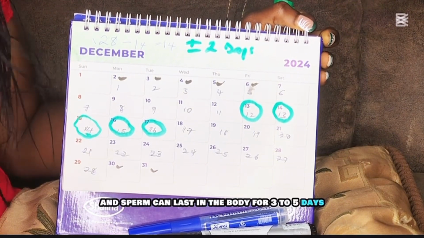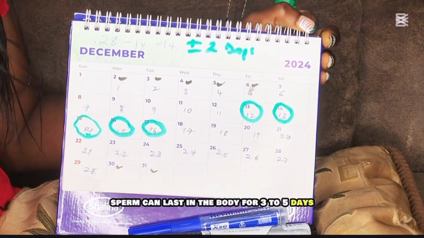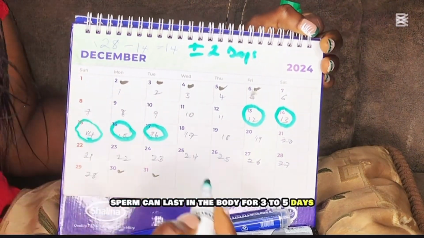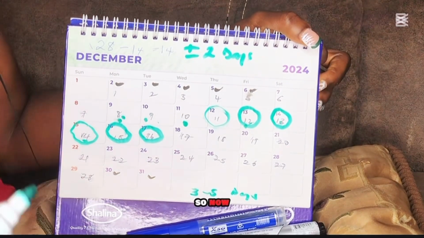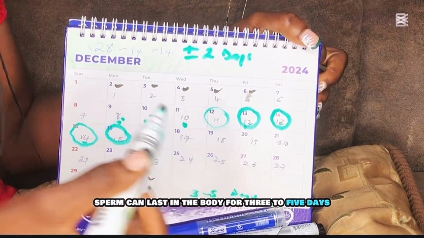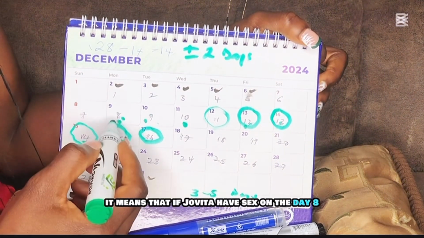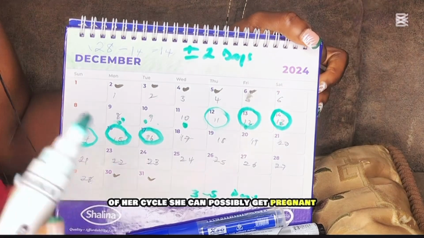And sperm can last in the body for 3 to 5 days. So now that we have established that sperm can last in the body for 3 to 5 days, it means that if Jovita has sex on day 8 of her cycle, she can possibly get pregnant.